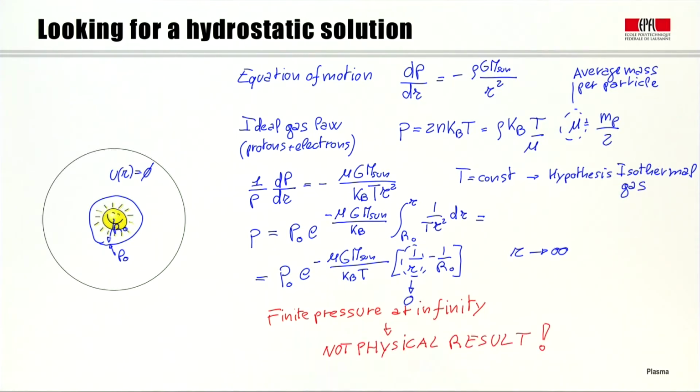We can therefore conclude that looking for a hydrostatic solution has led us to a non-physical result. Therefore, the hypothesis that the solar wind speed is equal to zero doesn't work.